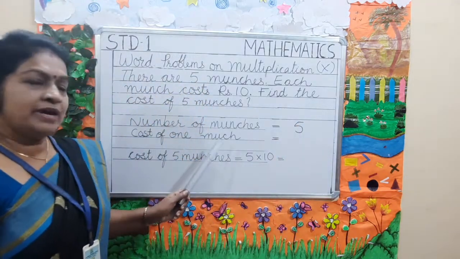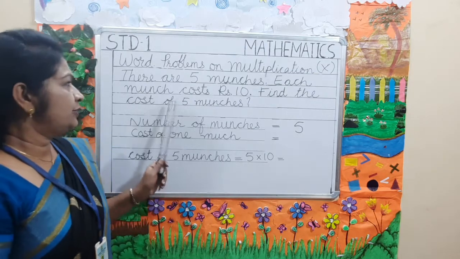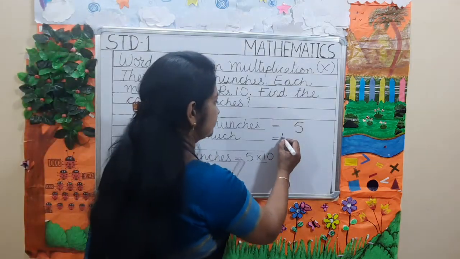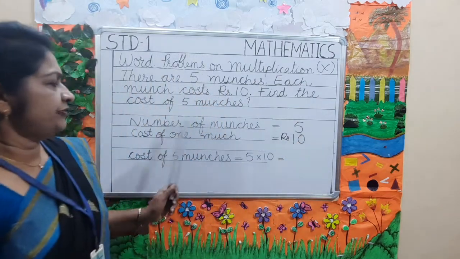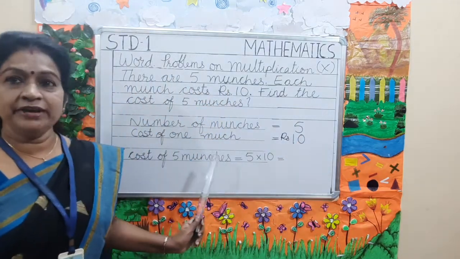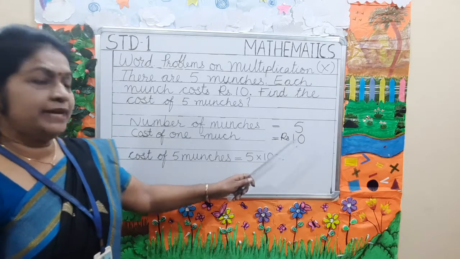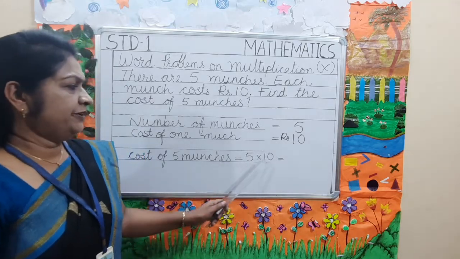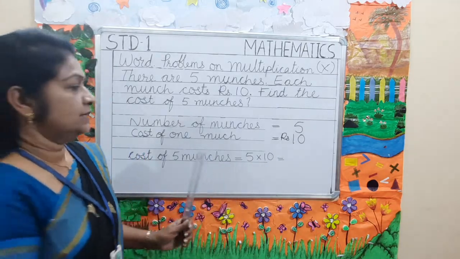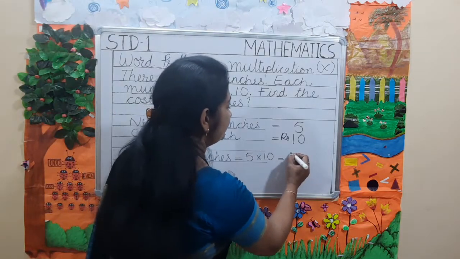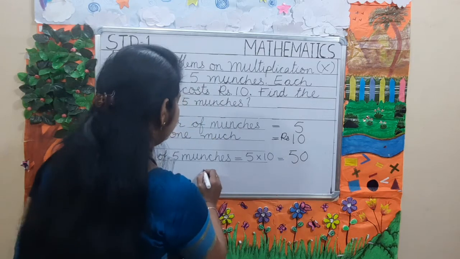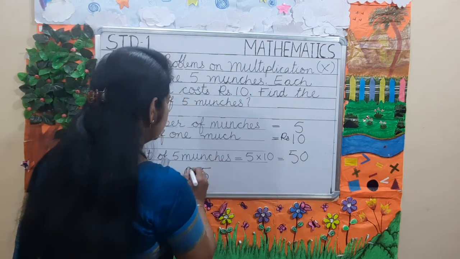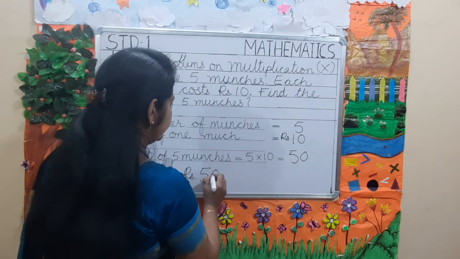And the cost of 1 munch, how much it was? Rupees 10. Now you have to find the cost of 5 munches. So you will be doing the multiplication 5 into 10. So 5 tens are 50. So it will be rupees 50.